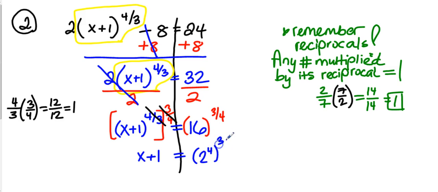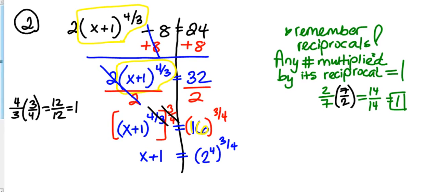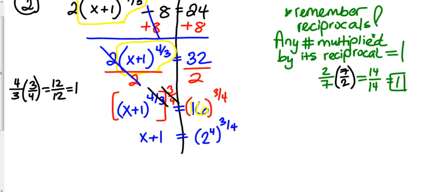I didn't actually do any math yet. All I did was rewrite 16 as 2 to the 4th. The reason that's helpful to me is what happens right here?